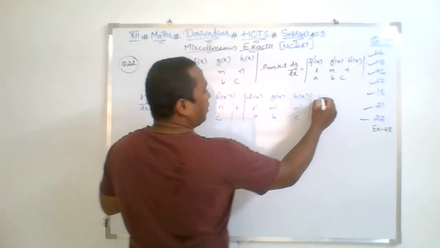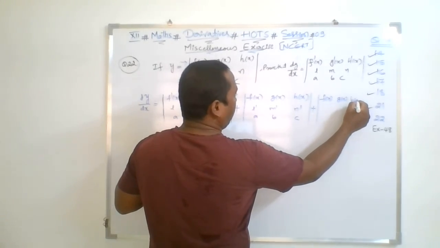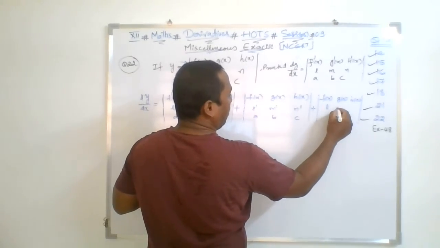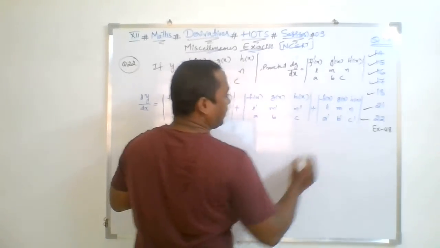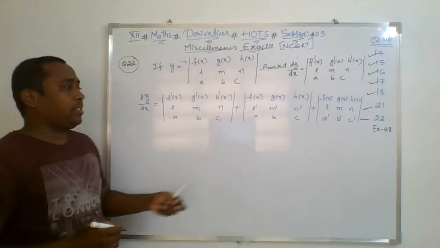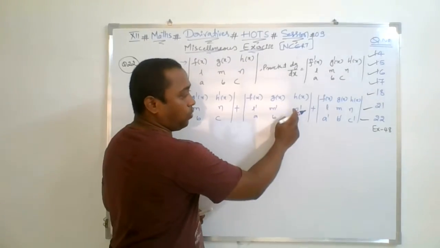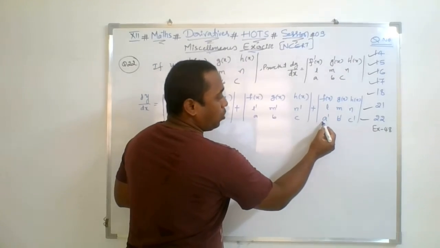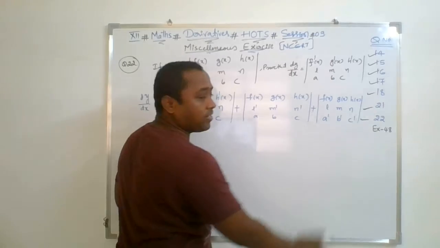plus, now f of x, g of x, h of x, L, M, N undisturbed, and derivative of A, B, and C. And since L, M, N are the constants, their derivative becomes 0 here. And here also A, B, C are constant, so the derivative of these three values is 0.